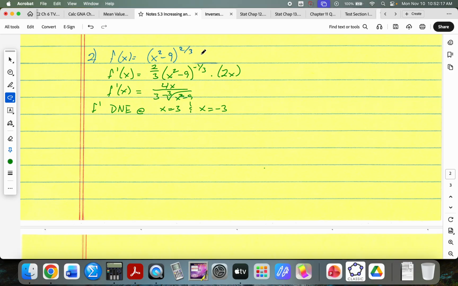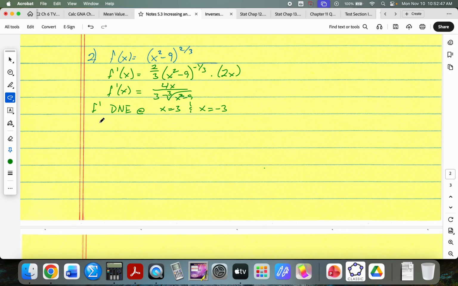Does this function exist for values outside of -3 and 3, or inside, like at x is 0? You can take the cube root of a negative, so it's all good. So these are critical points.